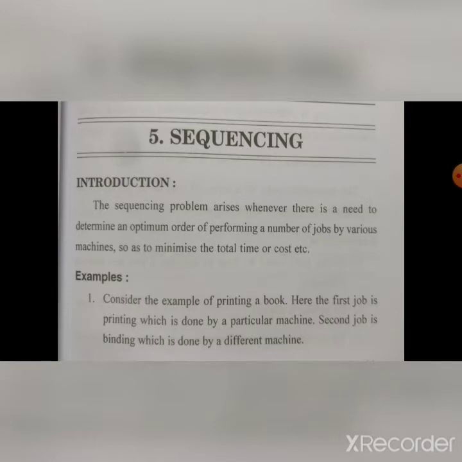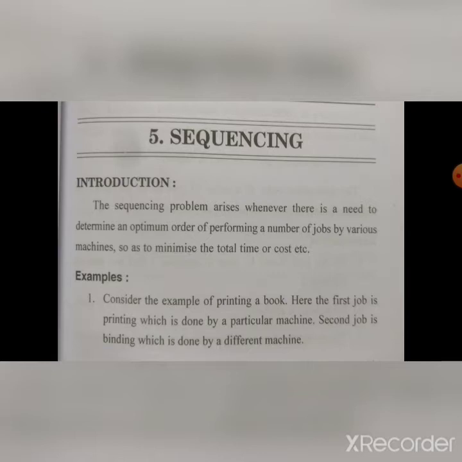For example, we are going to print a book, which means first we have to go for printing, the next we have to come with binding. For printing you have to put one machine, similarly for binding we have to go with another machine.